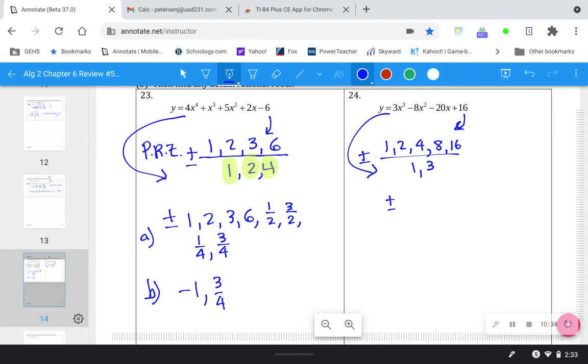So dividing by 1. And then you keep going with the 3 underneath, 1/3, 2/3, 4/3, and so on. Okay, now that's part A. There's your possible rational zeros list is what it's called.